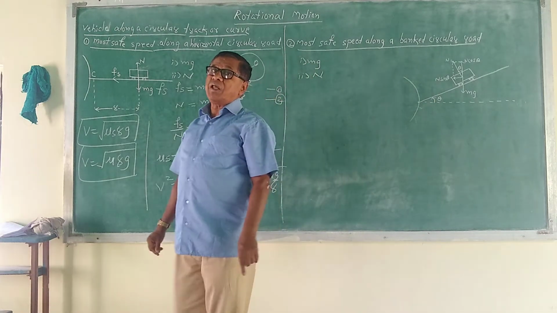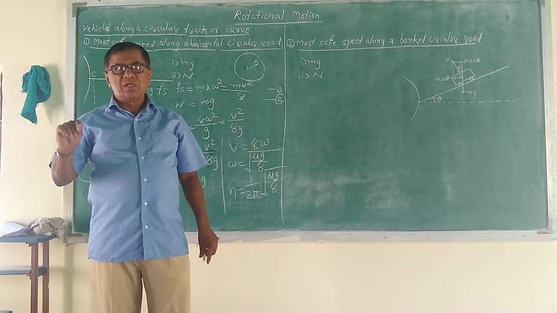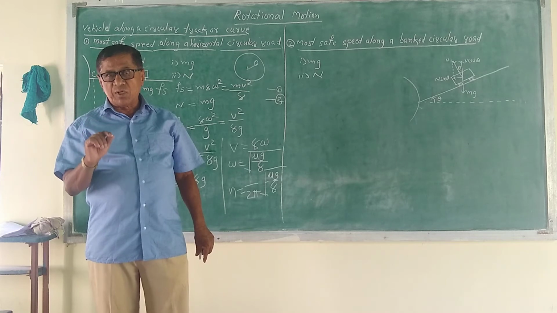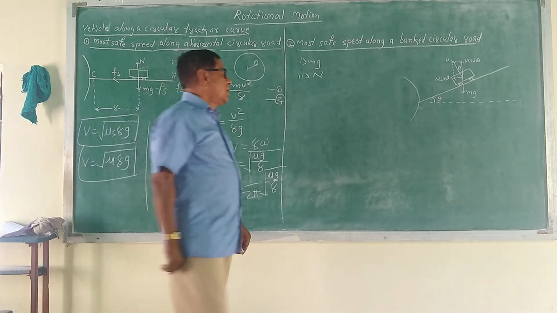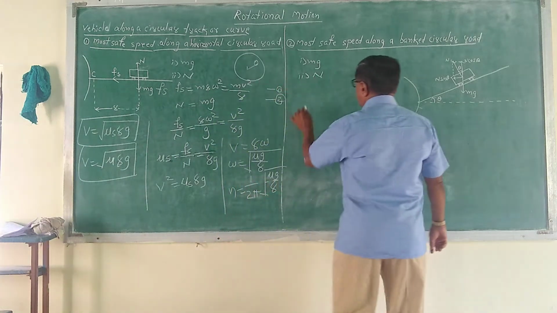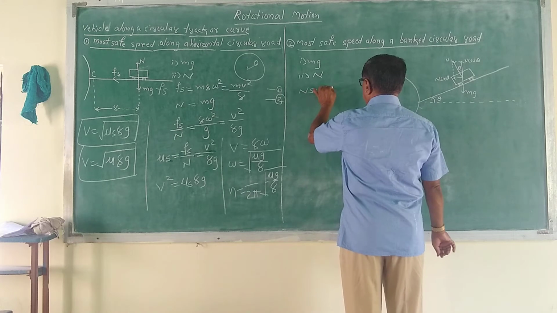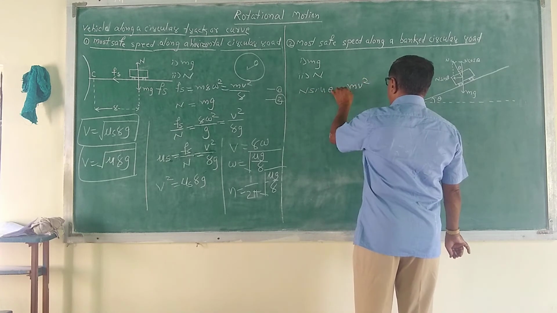Now here the components are N cos theta and N sin theta. The component N cos theta gets balanced by the weight mg. The component N sin theta is the unbalanced component which acts as the centripetal force, that is mv square upon r.